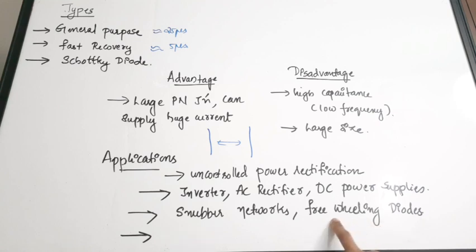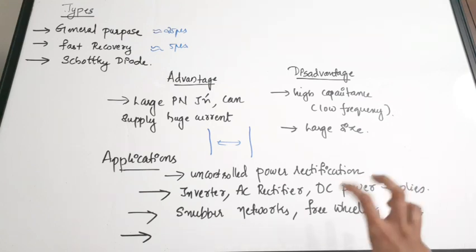Next, freewheeling diodes. It can also be used as freewheeling diodes, or we can call them flyback diodes. These flyback diodes are used along with inductors. We connect these flyback diodes, or freewheeling diodes, along with the inductor. So when there is a sudden voltage spike in the inductor, the freewheeling diode will protect the inductor and cut off those voltage spikes.